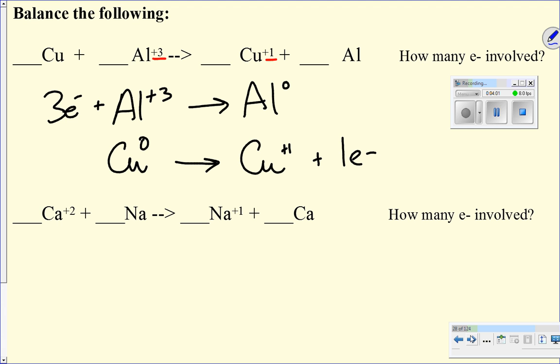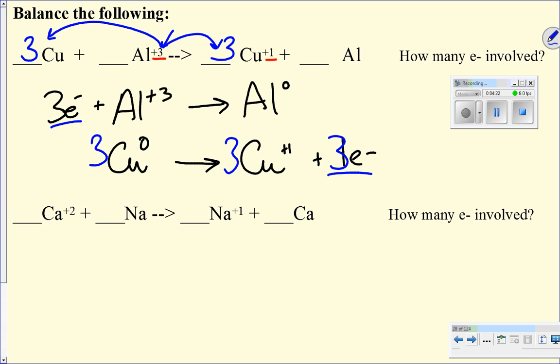So we multiply everything by 3, and this now makes our electrons add up. We end up with 3's in front of our copper, which relate to this 3 right here. It's kind of a weird reverse crisscross trick. So this 3 with aluminum tells me I should put a 3 there, and if I do it on one side, I have to do it on the other one.